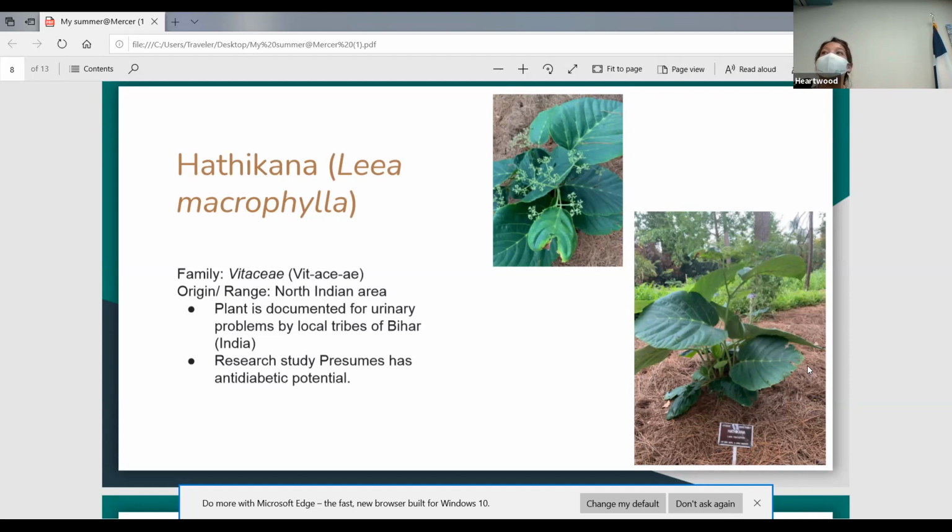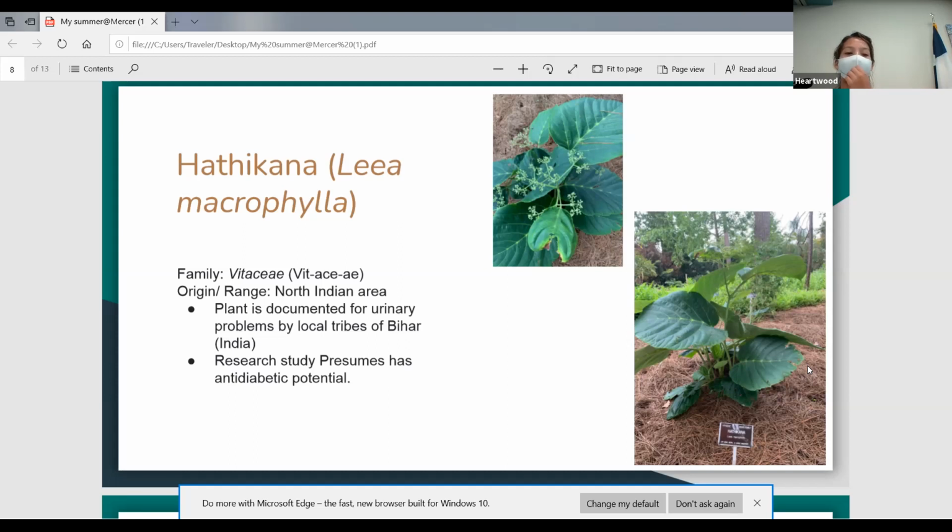This plant is documented by the Bihar tribe to be used for urinary problems. And in this study that I focused on, the extract showed anti-diabetic potential in rats.